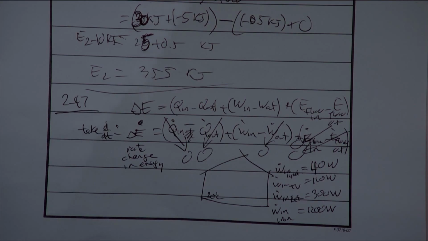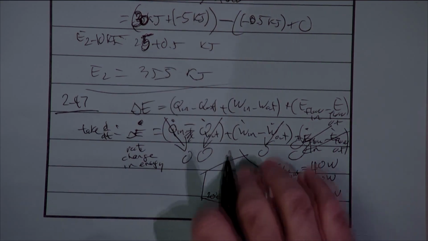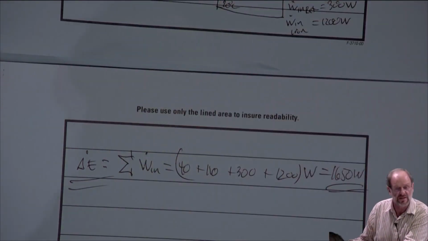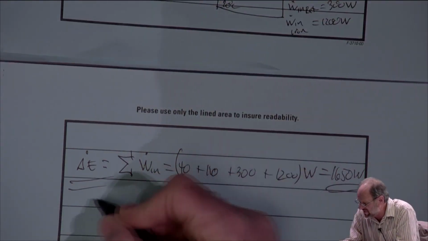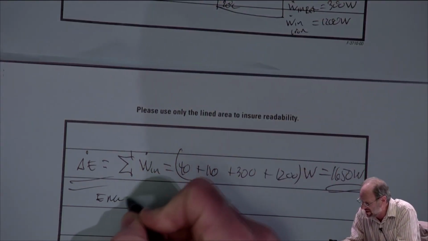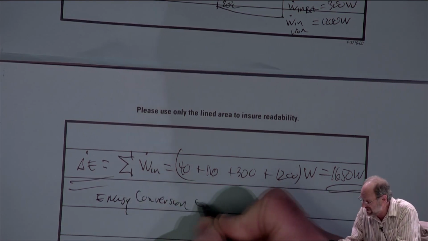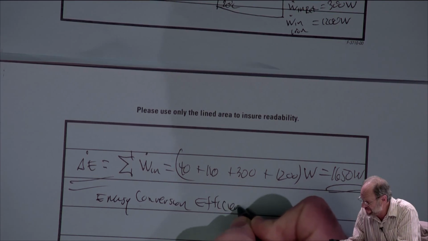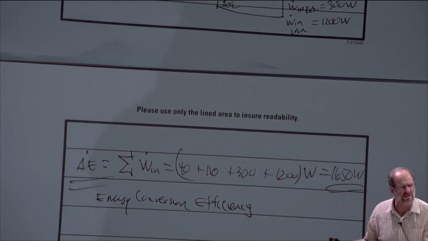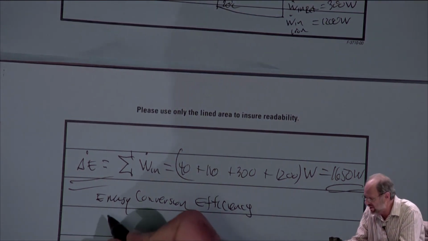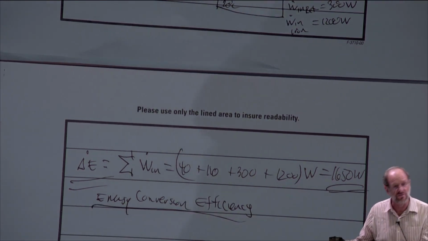All right, there's one other topic that's covered here in Chapter 2, so let me just discuss it very briefly. This has to do with what's called efficiency, or more specifically, energy conversion efficiency. I think this is section 2.7. Anyway, what is meant by energy conversion efficiency?